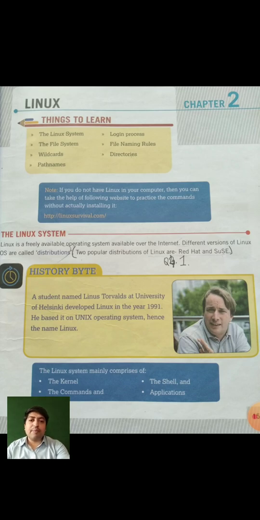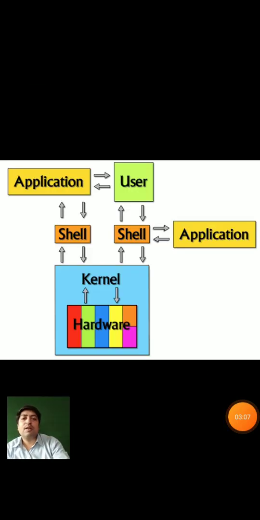The Linux system mainly comprises the kernel, the shell, and the commands and applications. We will see this in the picture. In this picture you can clearly see the kernel, shell, user and application.